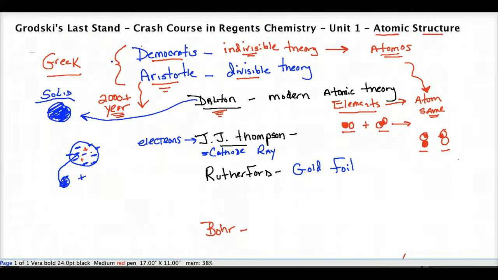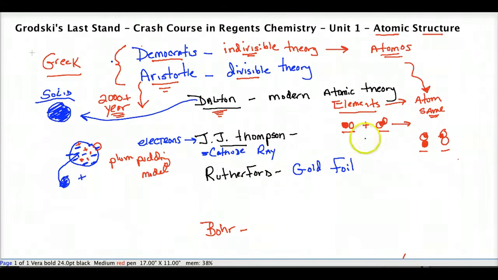So we'd say there was a matrix or a glue or a pudding that was positive, smeared all over, and the negatives were likewise smeared all over, and they were in the sphere like plums in plum pudding. So here's the plum pudding model of the atom.